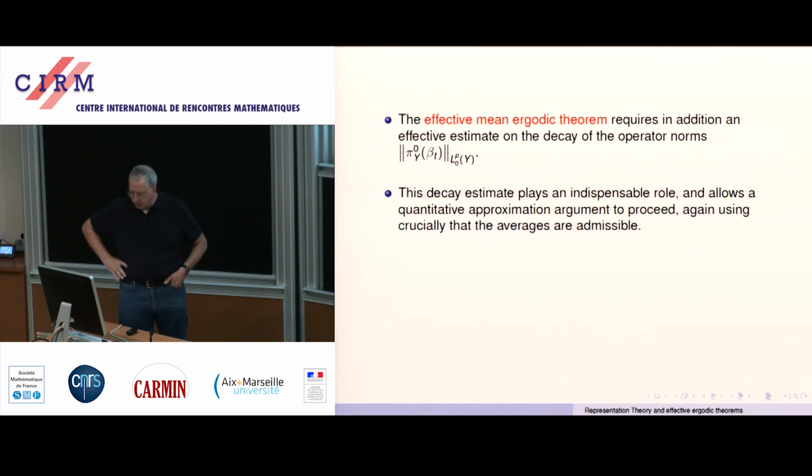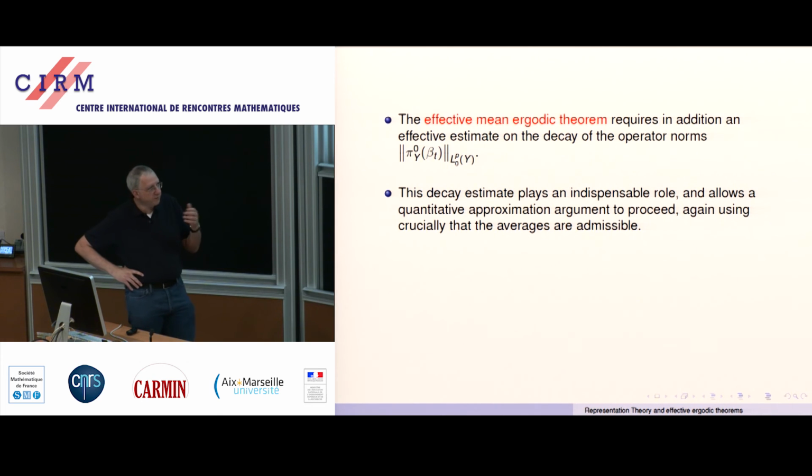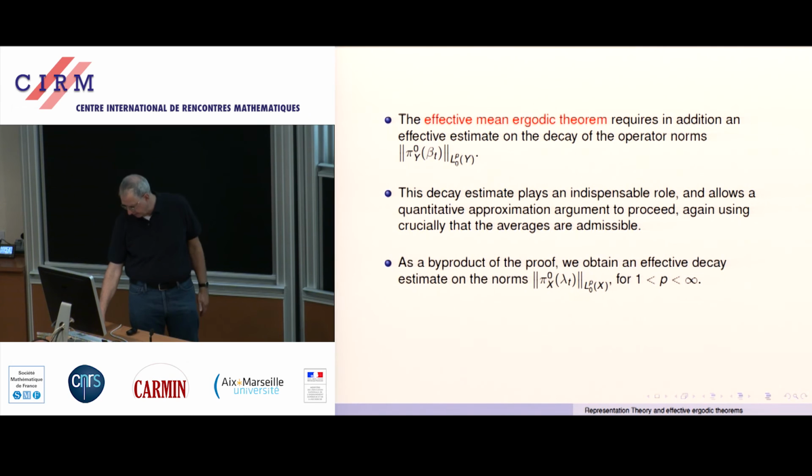And again, using crucially the fact that the averages are admissible, and actually several further approximation and interpolation arguments. And as a byproduct of the proof, we obtain an effective decay estimate on the norms of these discrete, finitely supported operators.